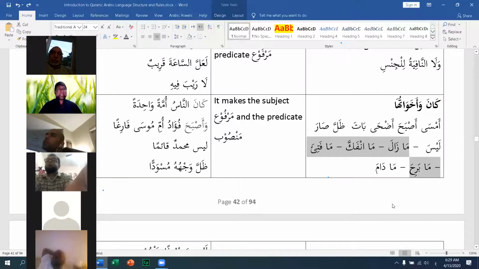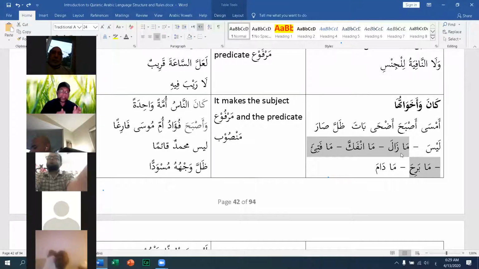So we say ma zala Muhammadun qa'iman. Muhammad is still praying. So let's say you walked in the room and you saw Muhammad praying, and then somebody says, what's Muhammad doing? He said, ma zala qa'iman. He's still praying, meaning he hasn't stopped praying. Literally what it means is he hasn't stopped, but what comes to mind is he still is.